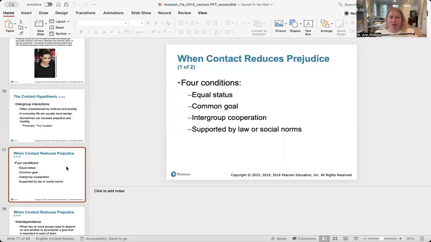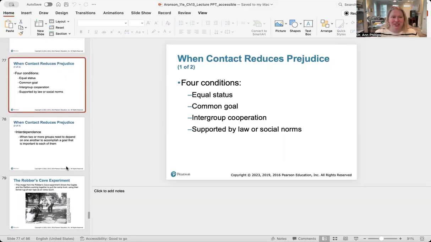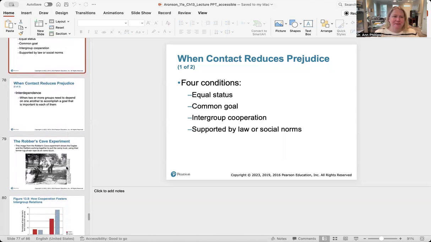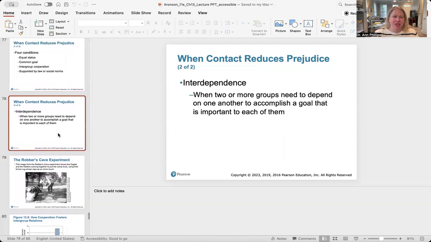And that's a slow process of introducing the idea and introducing people to each other, and that kind of thing. You have to create something called interdependence, where you need to work with people in order to get people to see each other as individuals, not group members, and try to reduce that prejudice.